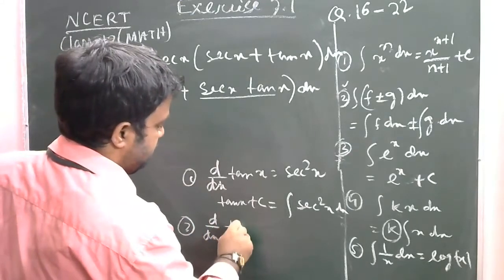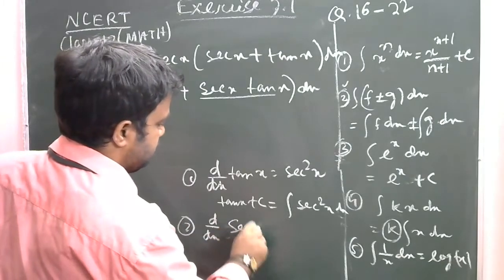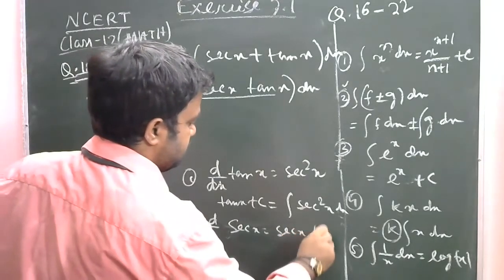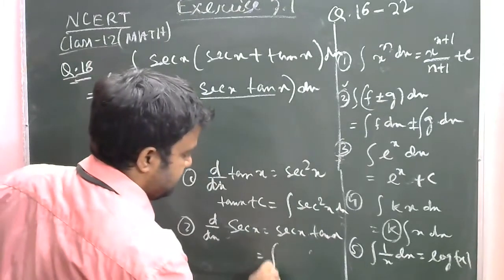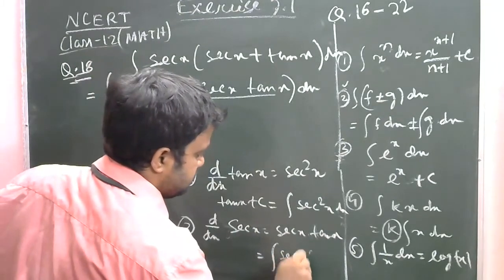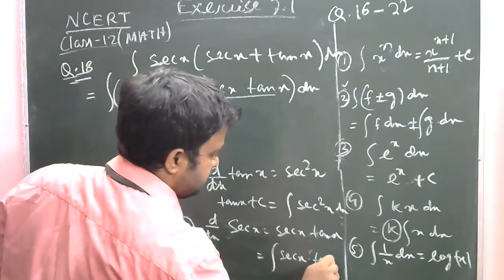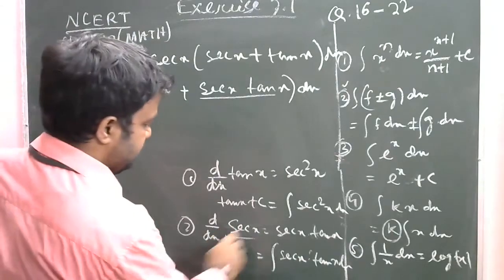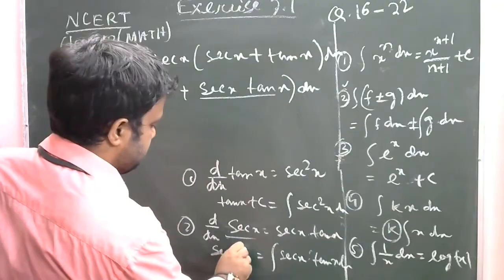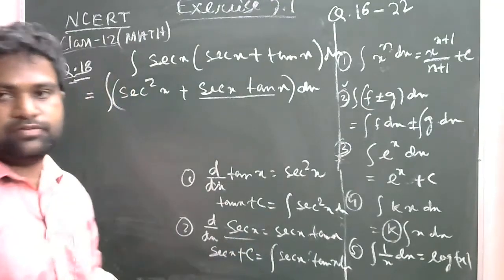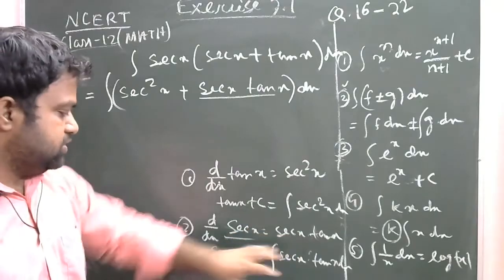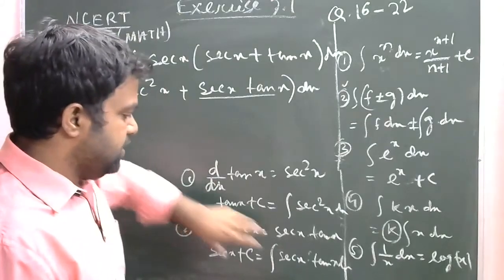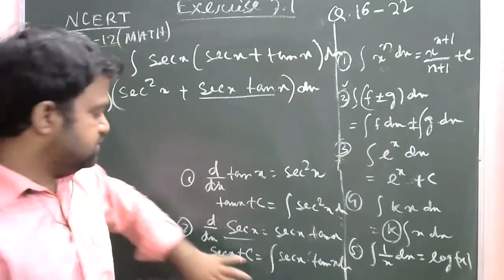Derivative of sec x is sec x tan x. So integration of sec x tan x dx is sec x plus c. Integration is the reverse process, right? So integration of sec square x is tan x, and integration of sec x tan x is sec x.